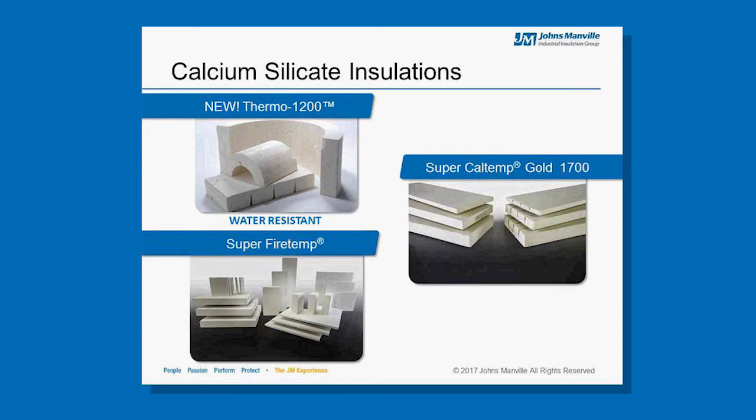So if you've got a steel application where you're smelting steel and you've got a dam or a trough that you need to have insulating material direct in contact with that material, those are the products specifically for that type of application. As I mentioned, Johns Manville produces a wide array of insulation materials for various applications.